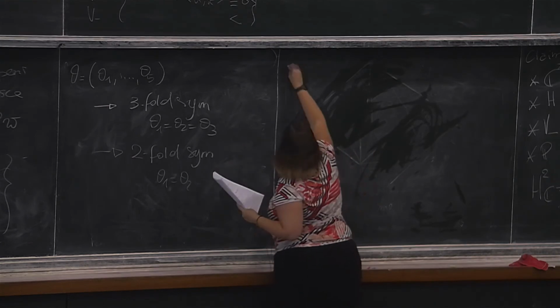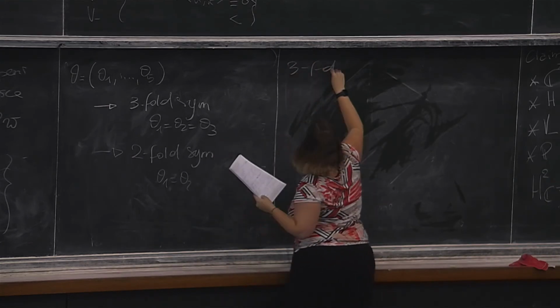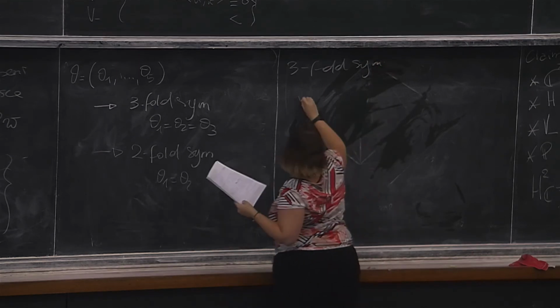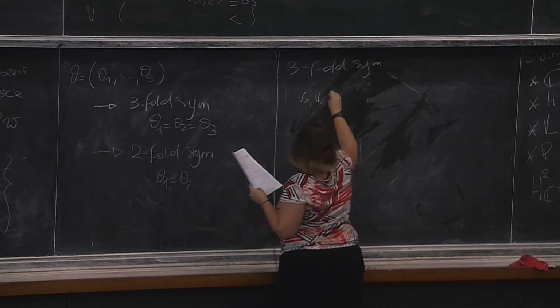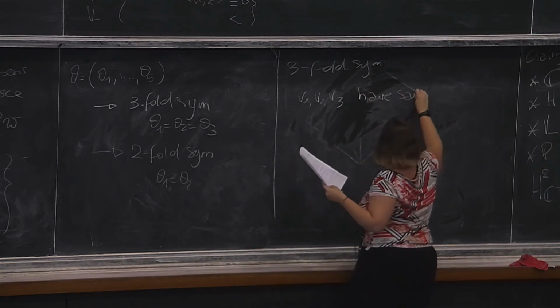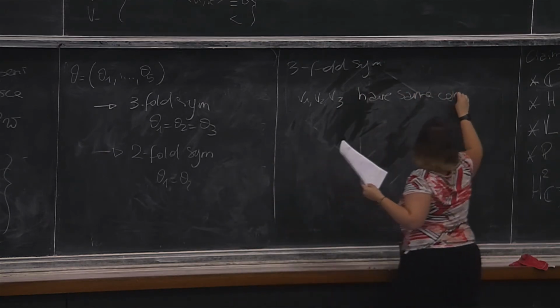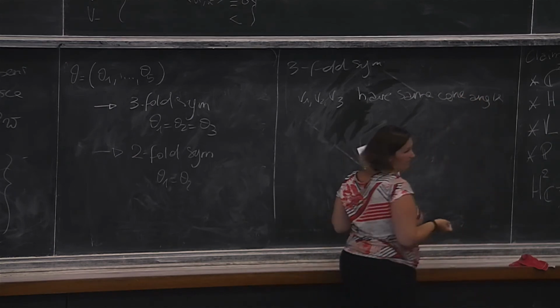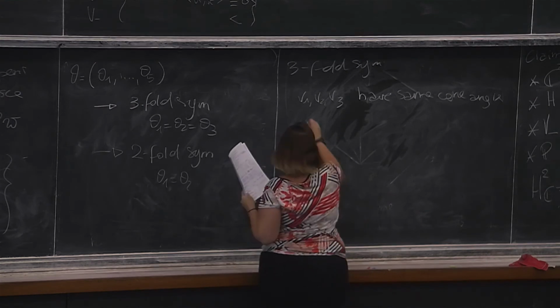Okay. So threefold symmetry. So we have V1, V2, and V3 that have the same cone angle. And so we can swap them, and we can get some maps that we call the moves.